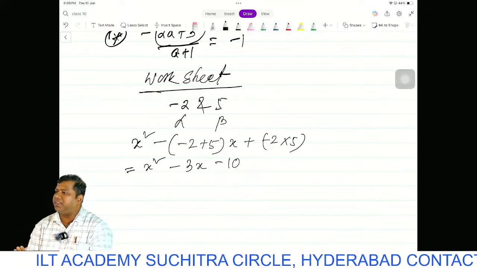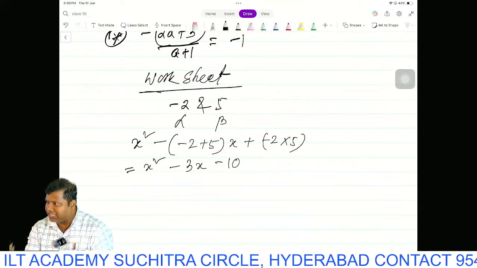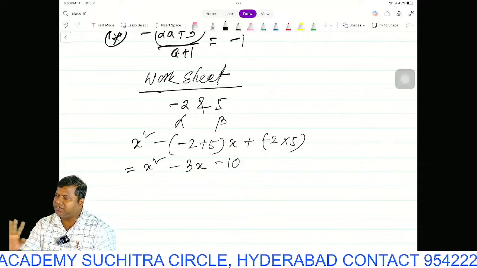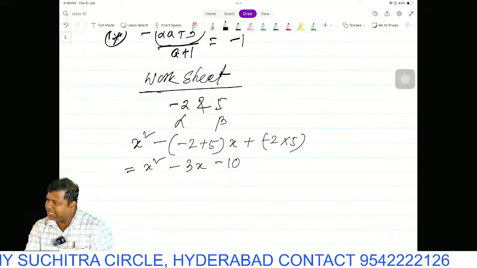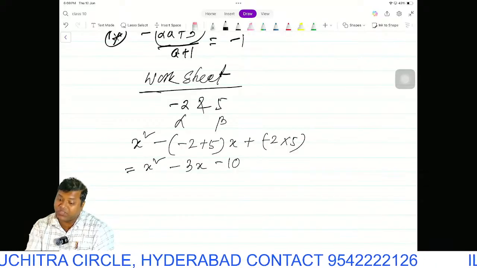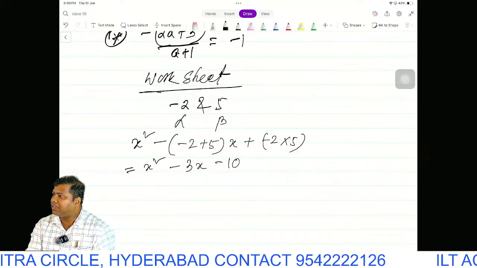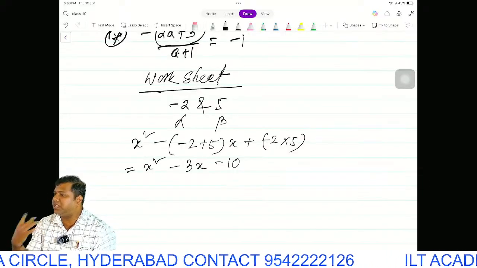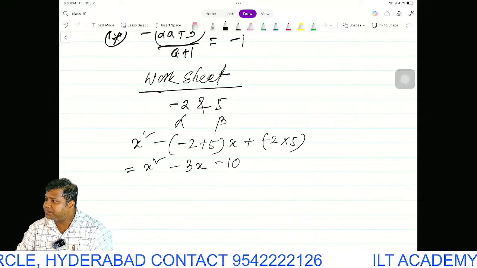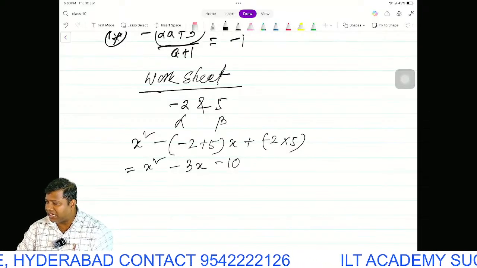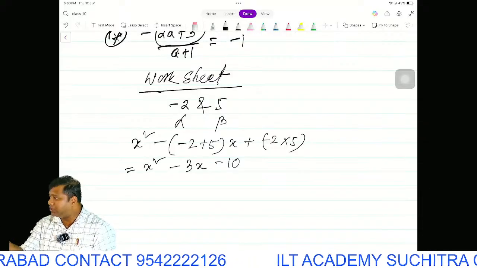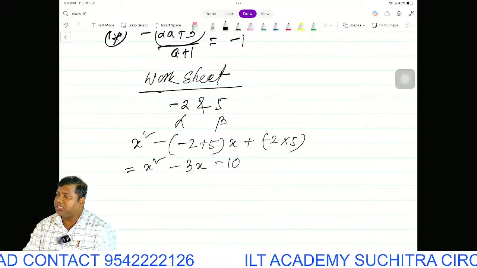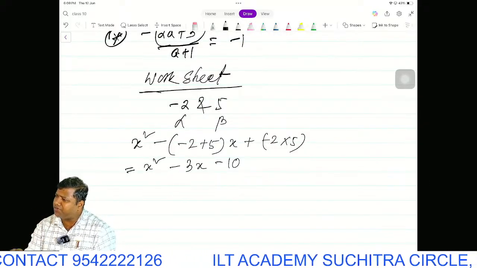If I multiply by 10, or by 20, then also the zeros will be minus 2 and 5. Like that, how many times I can multiply real numbers? Infinite, right? So definitely with 2 zeros I can write infinite number of polynomials all the time.